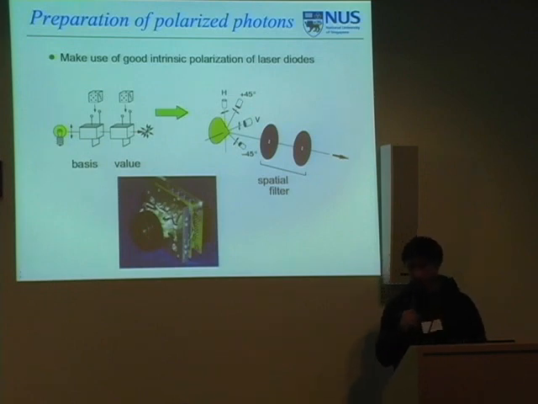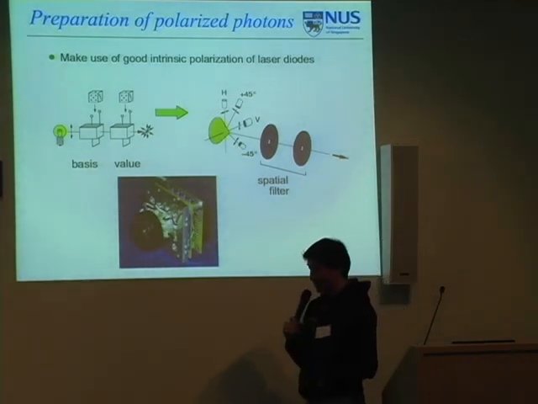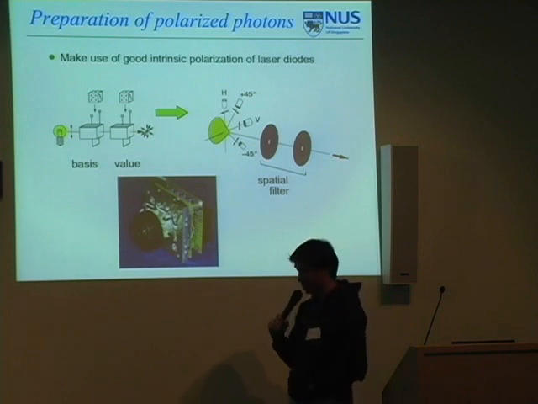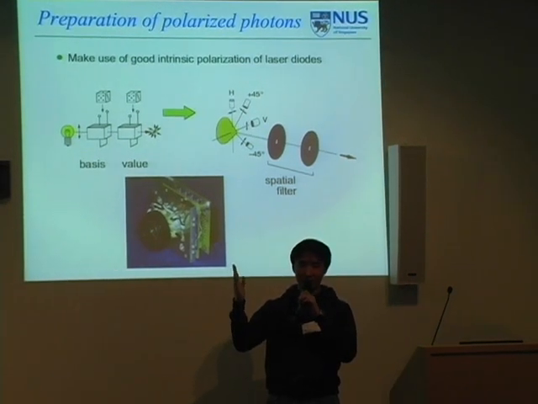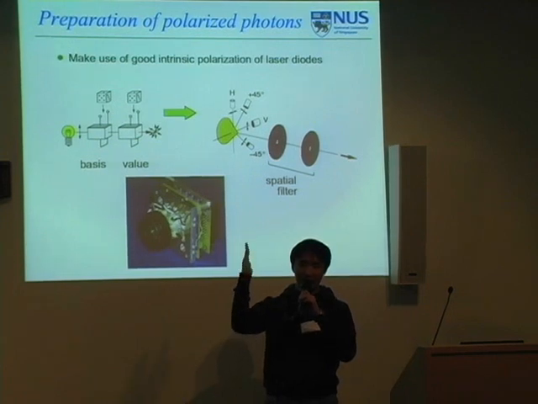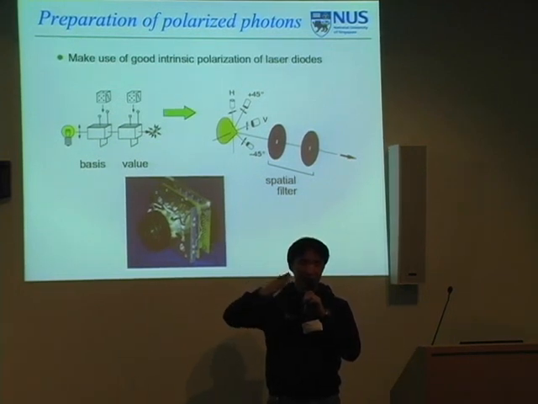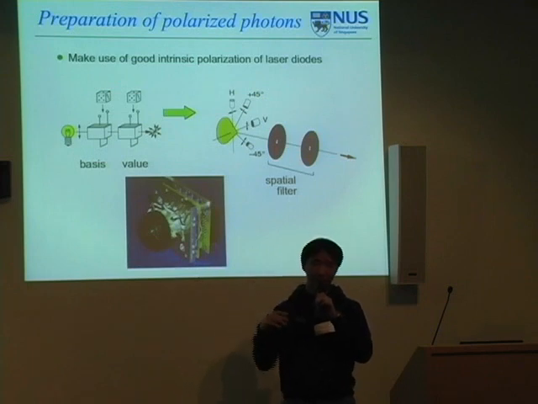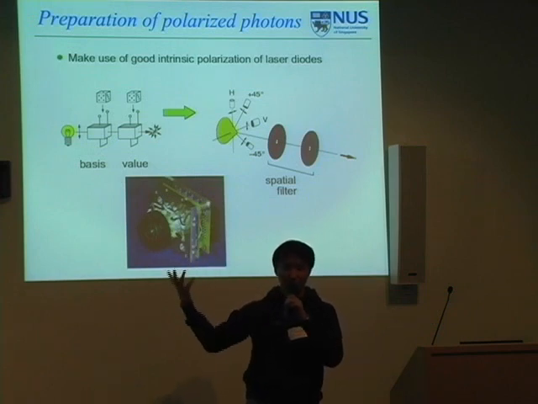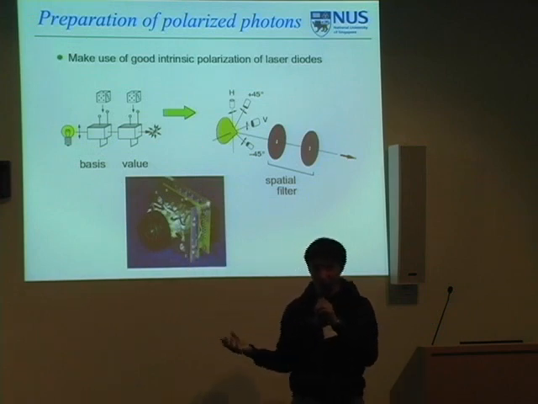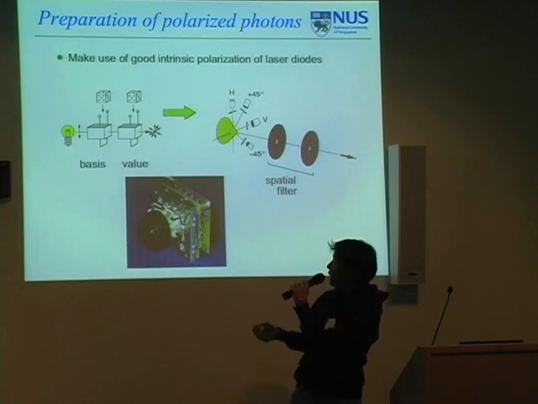Now, the other technical detail about the BB84 source I showed to you was that, remember I said that you needed random number generators to decide whether to encode the photons in the horizontal or vertical, or in the plus and minus 45 polarization states. Now it turns out that you don't have to use a single bright classical light source to do that. You can also use small diode lasers.